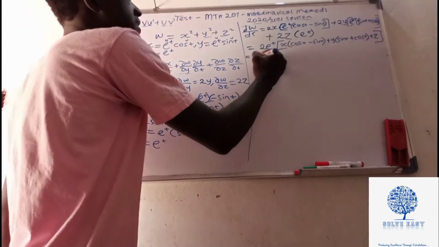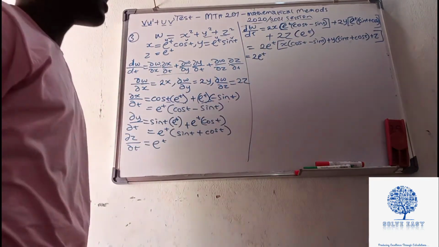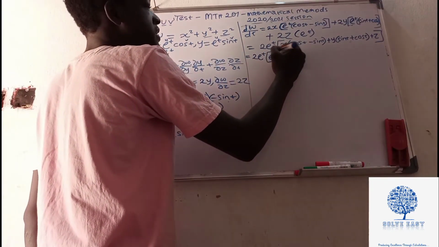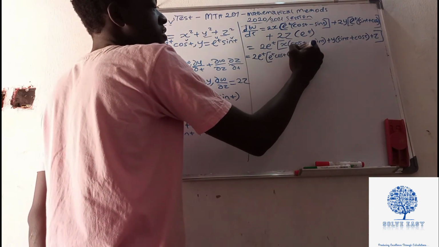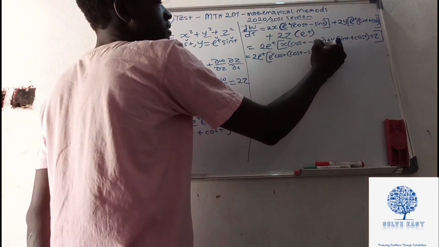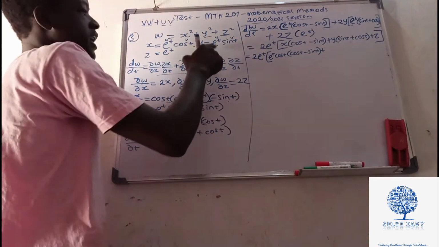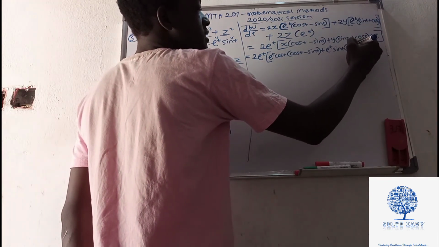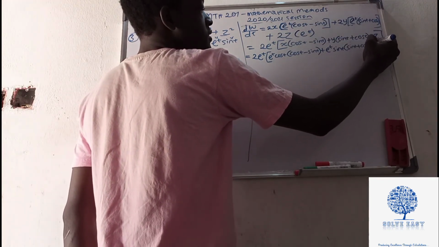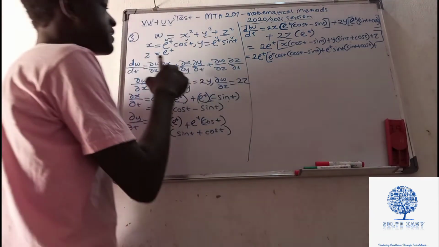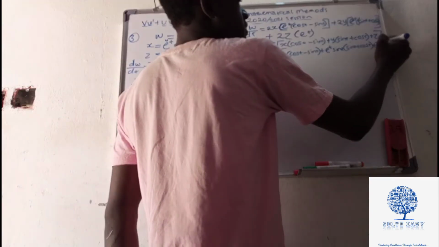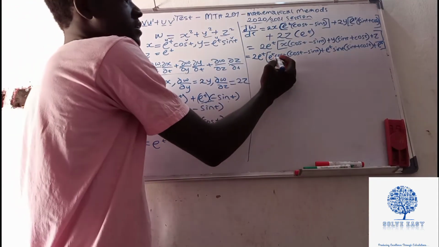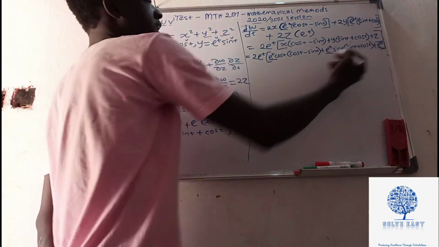Remember that x, y, and z have their own values. Our value for x is e^t cos t, times (cos t minus sin t), plus our value for y is e^t sin t, times (sin t plus cos t), plus our value for z is e^t. So from this point we could still take out e^t.